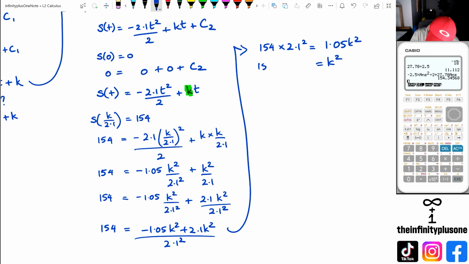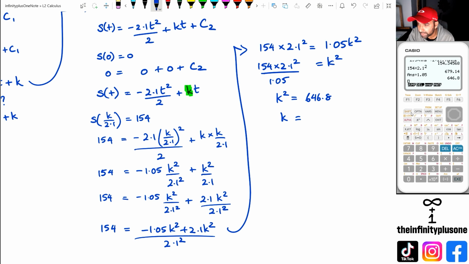k squared is equal to 154 times 2.1 squared divided by 1.05, and that's going to give me whatever this value is. Let's just work it out quickly. 154 times 2.1 squared divided by 1.05 is 646.8, and k is equal to the square root of that, which gives me plus or minus 25.43, but we've got to choose the positive value.